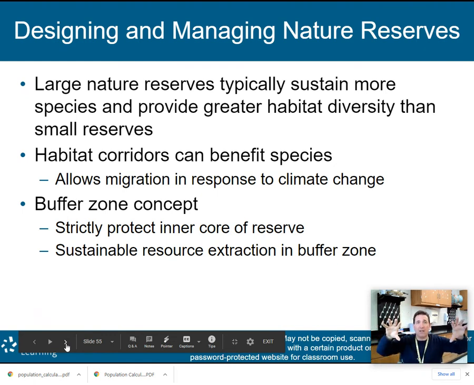Something you can do to manage that is to create some kind of corridor from one forest to the other, that any creatures that need to migrate can move through from one fragmented area to the other. That's something we can do as human beings to help migration and to help deal with the fragmenting of our forests, our wetlands, our rangelands, etc.